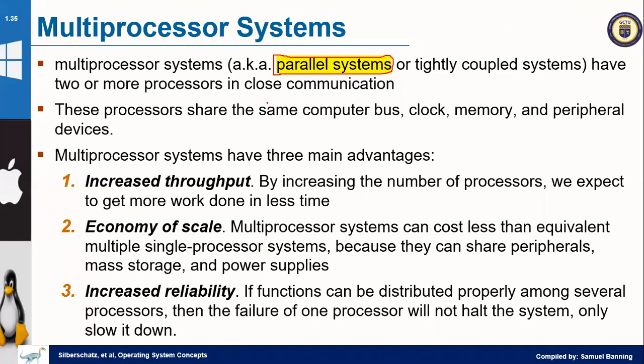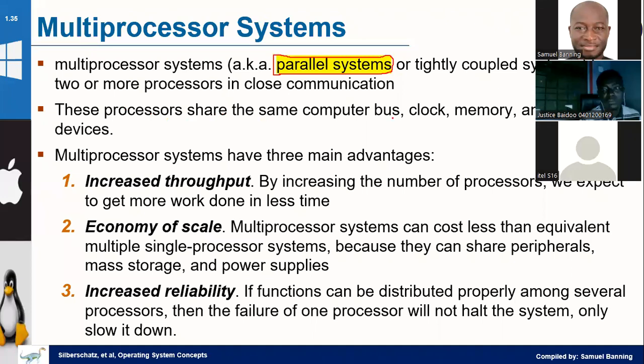We'll talk about that later on. These multiple processors share the same computer bus. They share the same clock. They share the same computer memory. And they share input-output devices. All other devices are shared among these multiple processors.